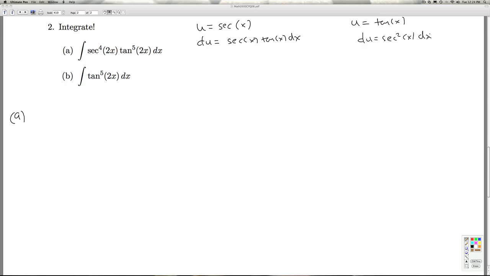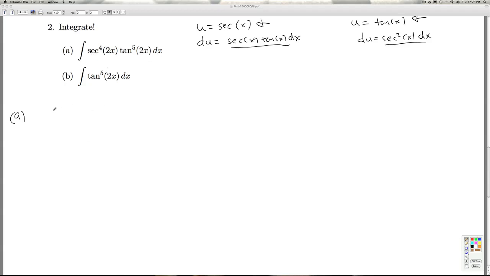Okay, so I'm looking for factors of secant and tangent to keep back with the eye of converting what's left over to secants, or I'm looking at keeping a secant squared back with an eye of converting everything over into tangents. So let's check out this first one.